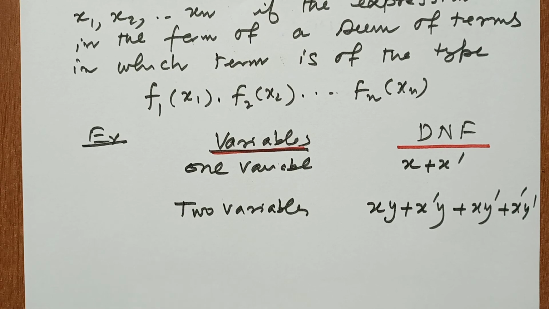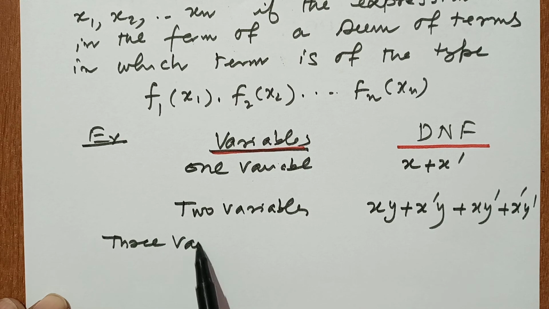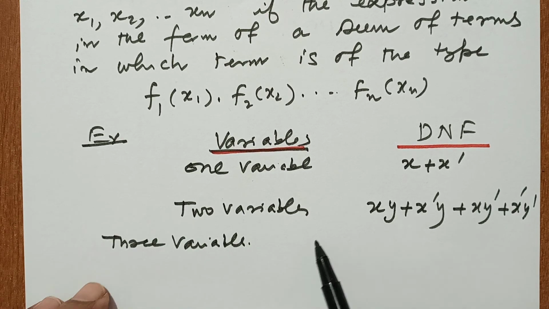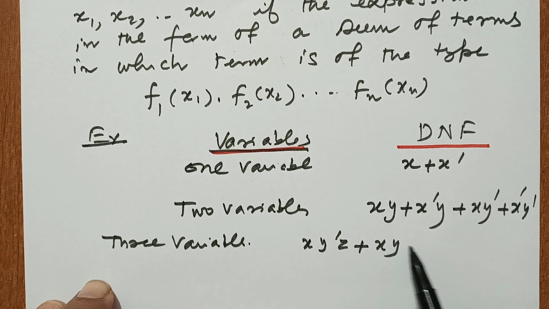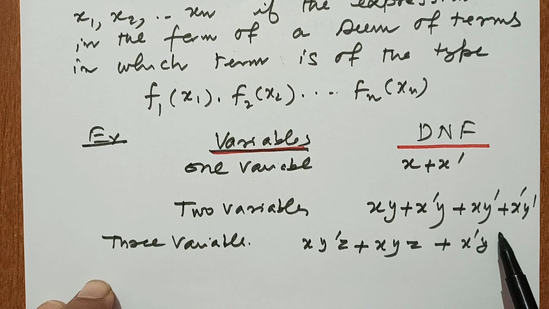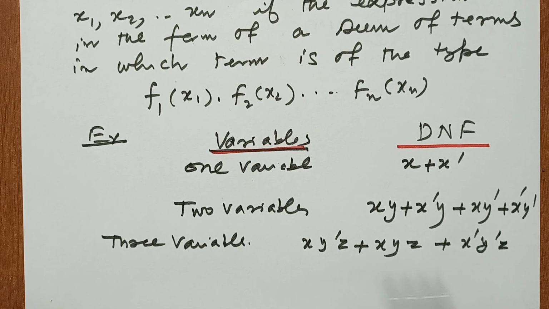Okay, for three variables, so here x y dash z plus x y z plus x dash y dash z. So for three variables, this is disjunctive normal form.